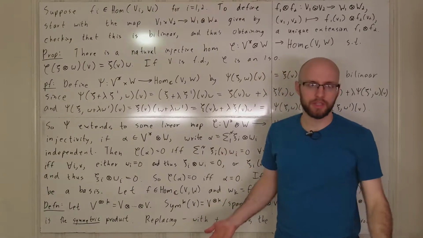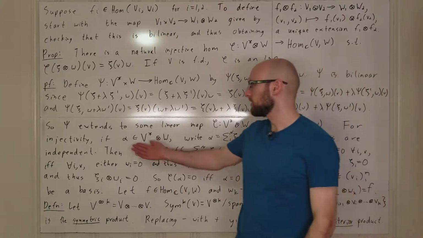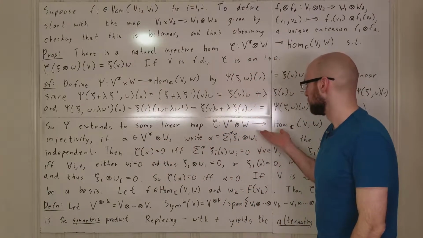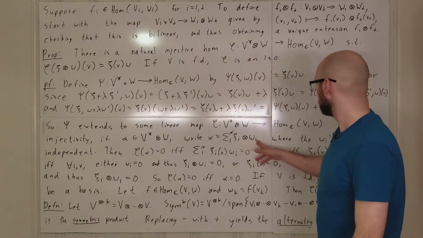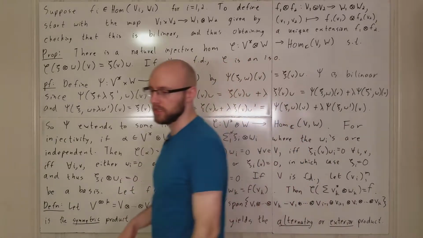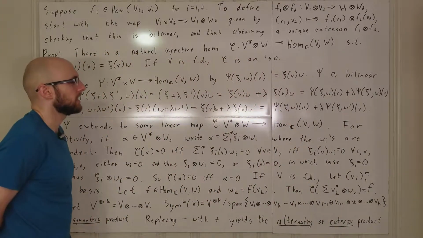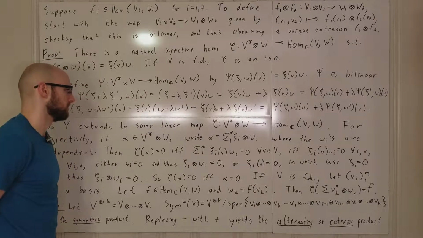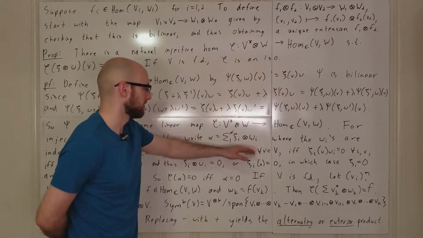And then we also want injectivity. And so suppose we have some alpha in here. We want to write it as a sum of xi i tensor wi, where the wi's are linearly independent. Turns out we don't really care about the xi i's in this proof. But whatever, it's just some linear combination of these.